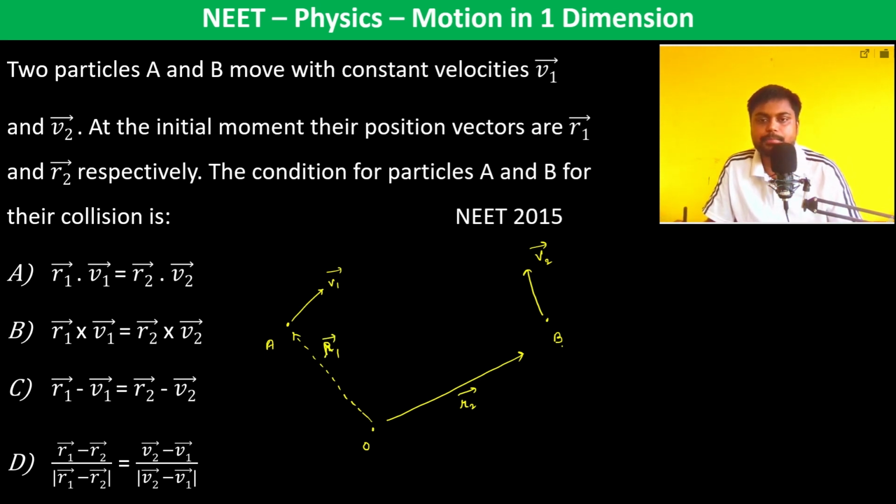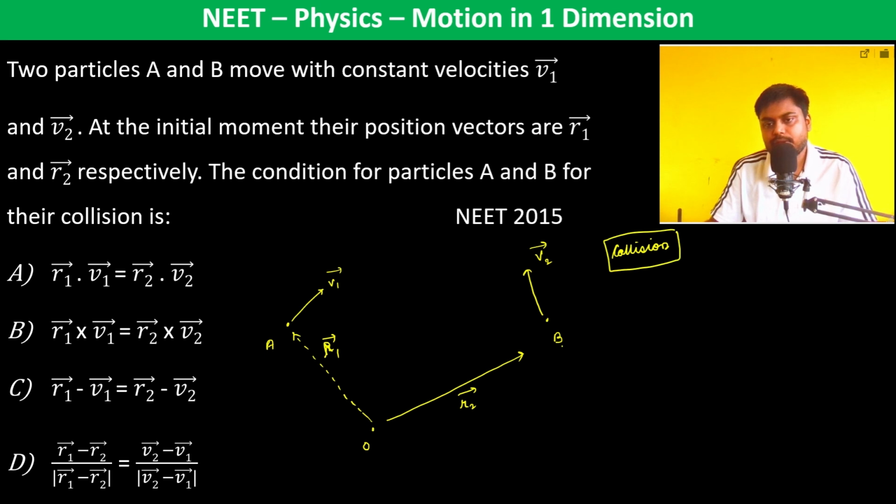The condition for the particles A and B for their collision is, so you see, collision is going to happen when the relative velocity of A with respect to B, we can do this in terms of A also or B also.